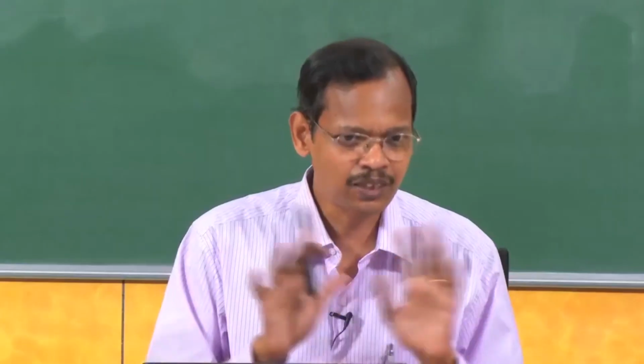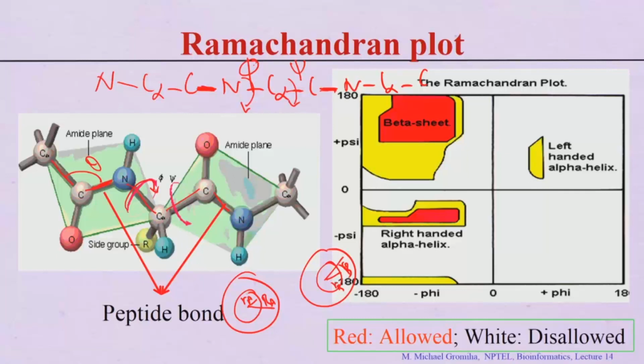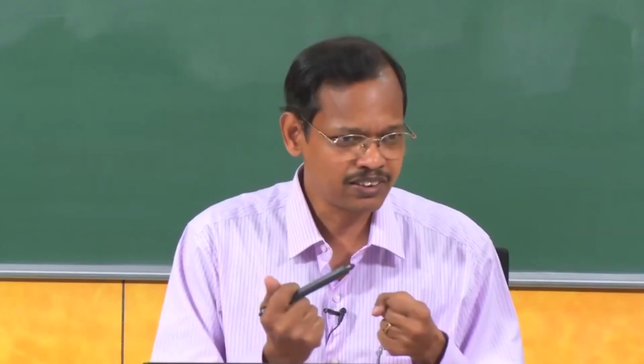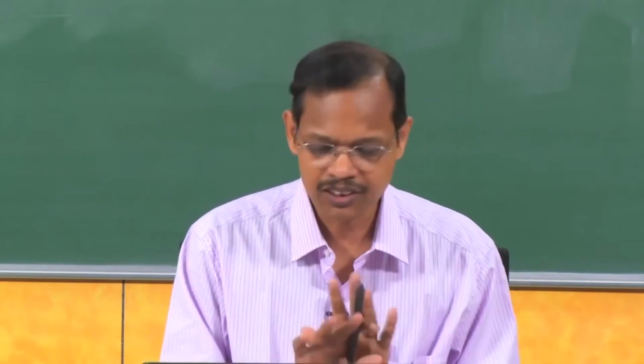In this case, the rotations are allowed. If it is less than R A plus R B and more than small r A plus small r B, then it is possible, but not freely possible. In this case, it is partially allowed. When it is less than small r A plus small r B, the van der Waals radii clash. In this case, it is not possible. This is called a disallowed region.